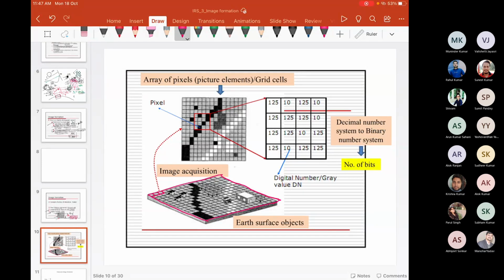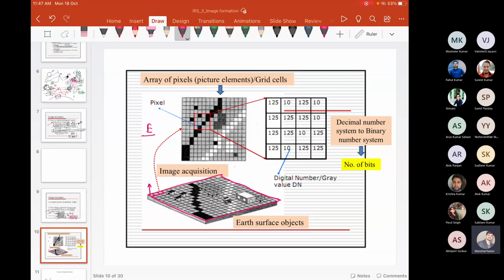The total upwelling radiance as well as the atmospheric scatter which falls in the IFOV, the instantaneous field of view of the sensor, is sensed.